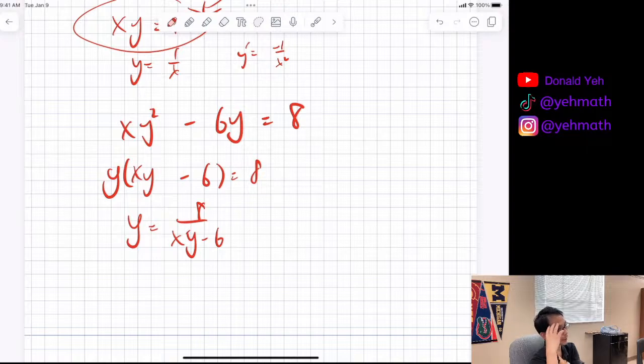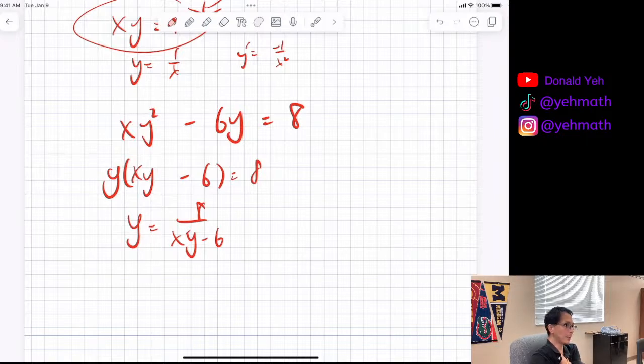The other person was Leibniz. Gottfried Leibniz is a German mathematician. He contributed probably half the amount of work as Newton, but he didn't get the credit, unfortunately. But he's also a great man, and he really established different types of notation to help calculus.